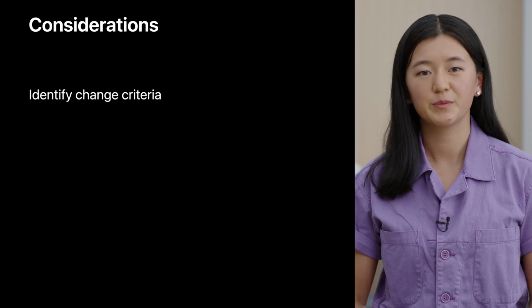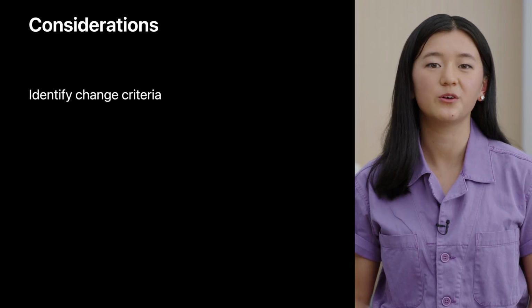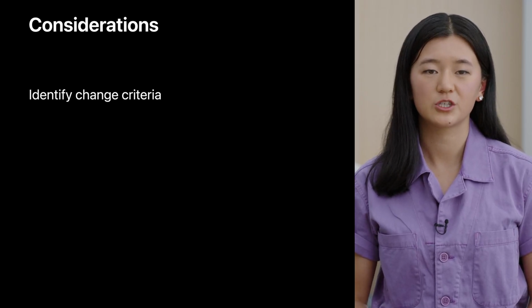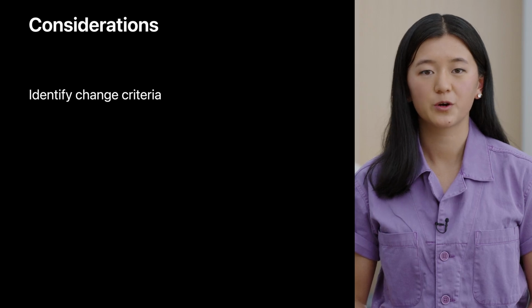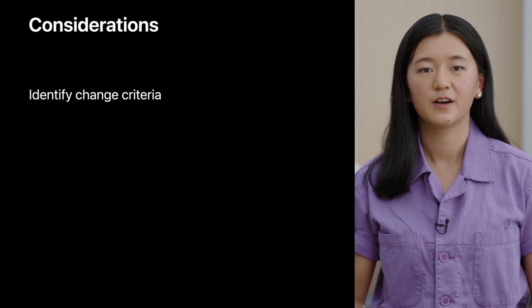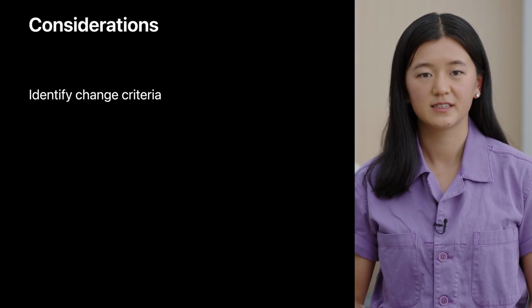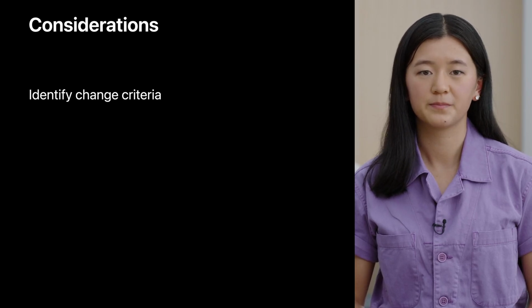Here are a few things you should keep in mind when using the new Change History API. First, determine what changes are important to you and your app, and only check for those changes. Consider performing one large fetch request of updated and inserted assets instead of multiple smaller requests to improve performance.